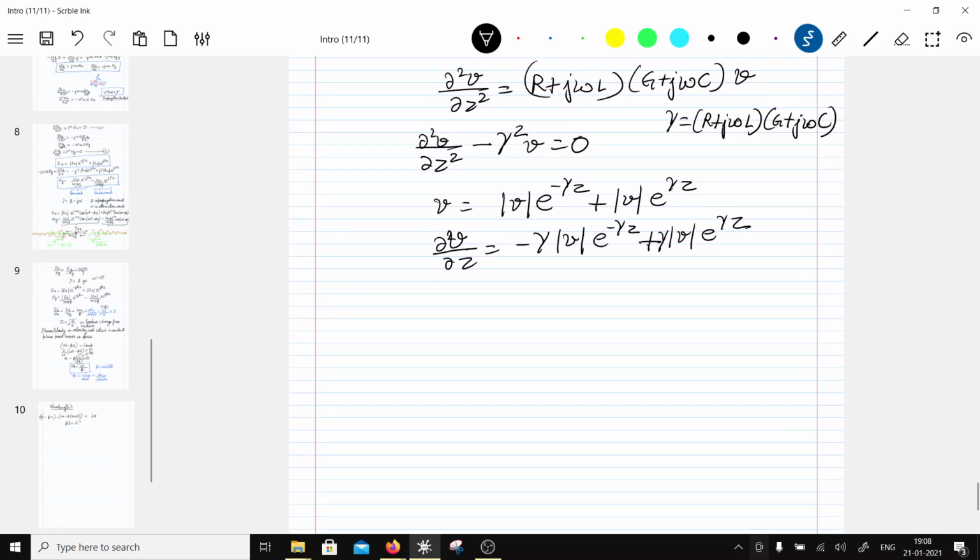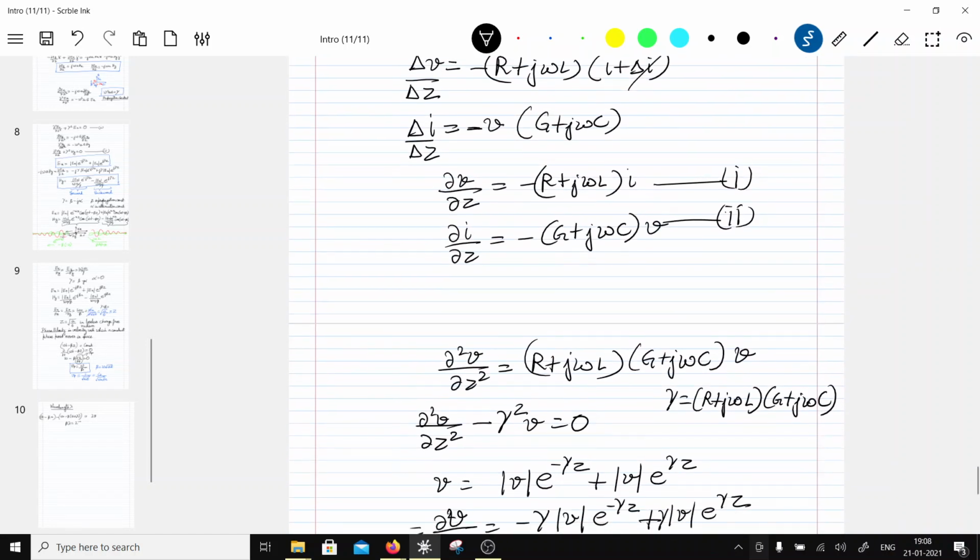So now I can say this is equal to the second equation, isn't it?